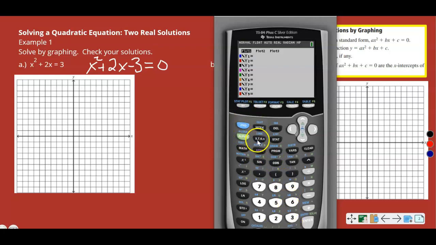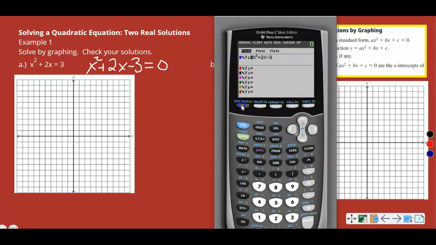So we're going to have x squared plus 2x minus 3 and hit graph. All right, it looks like we have a couple points on here from before. Let's turn off my scatter plot.